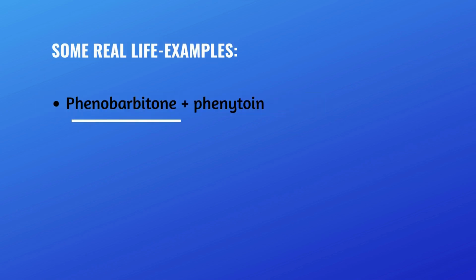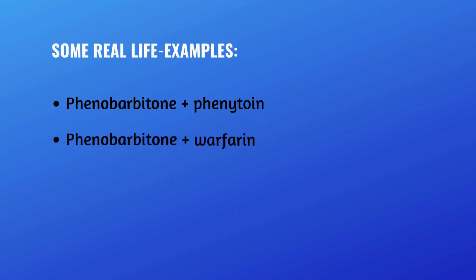Okay, let's see some real life examples. Phenobarbitone, a drug used to treat seizures, tells the liver to make more enzymes work. Result: not only does phenobarbitone get cleared faster, but so do other medicines like phenytoin, another seizure drug, and warfarin, a blood thinner, or even itself, phenobarbitone.